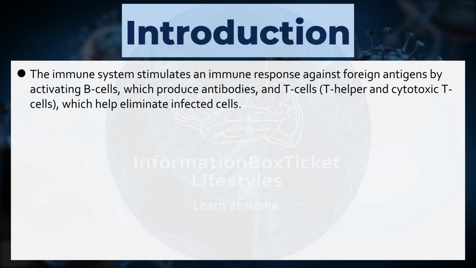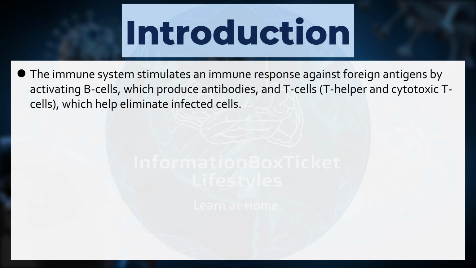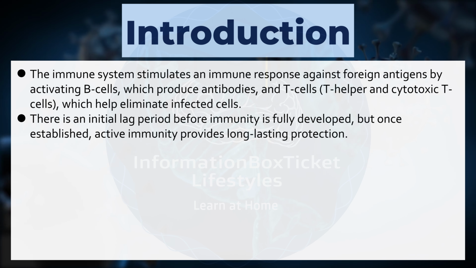The immune system stimulates an immune response against foreign antigens by activating B cells, which produce antibodies, and T cells, T helper and cytotoxic T cells, which help eliminate infected cells. There's an initial lag period before immunity is fully developed, but once established, active immunity provides long-lasting protection.